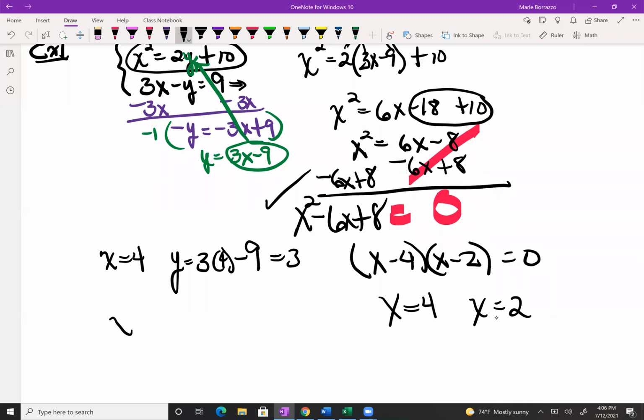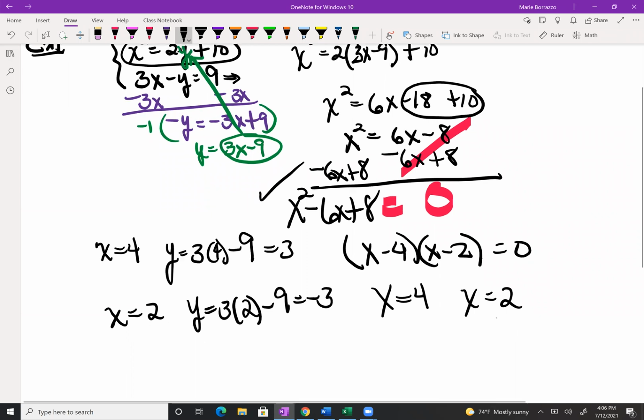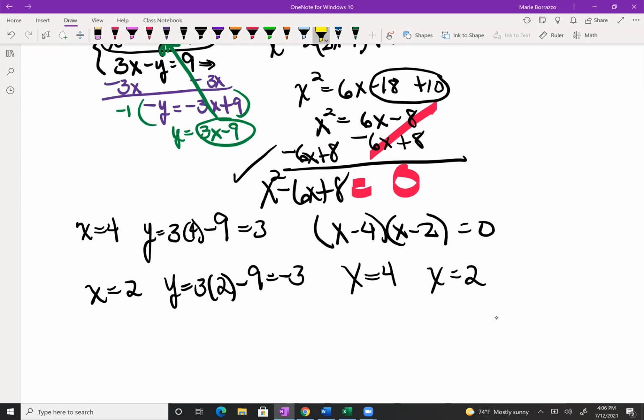And when x is equal to 2, then y is equal to 3 times 2 minus 9, which is equal to negative 3. So I have two solutions, if you notice. And I want you to focus right here. This is (4, 3). And I have another coordinate pair, which is (2, negative 3).